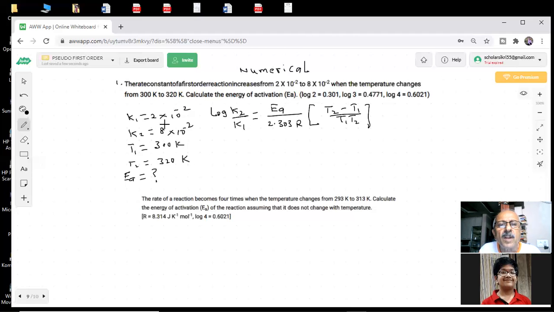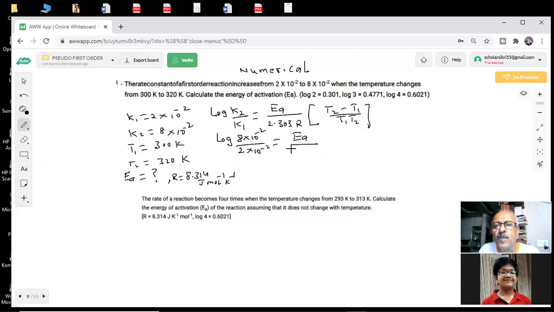As you can see, 8 by 2, the 10 minus 2 will get cancelled. Activation energy we have to calculate, but the unit of activation energy should be the same as the R value. So what R value can you take? 8.314 joule per mole per Kelvin, because we want the answer in joules.